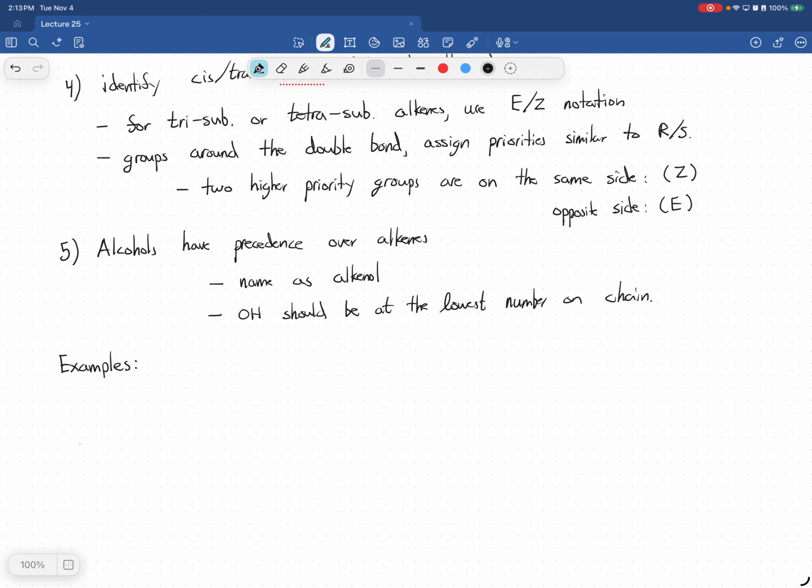All right. So our alkenes here. Notice this alkene has 4 substituents, but we actually wouldn't name it as cis or trans or E or Z because there's a hydrogen here.